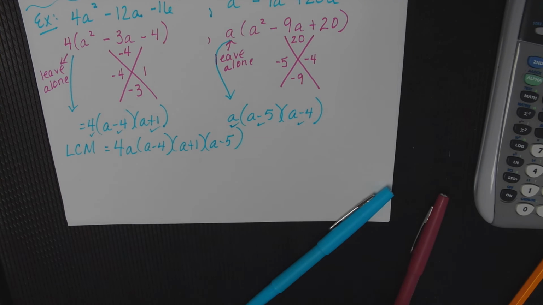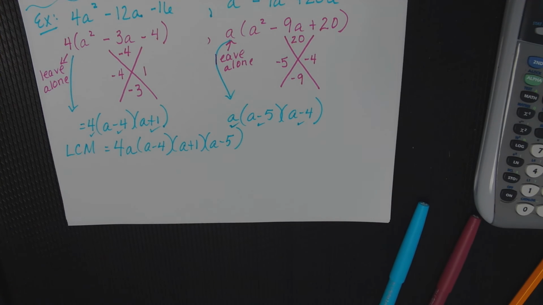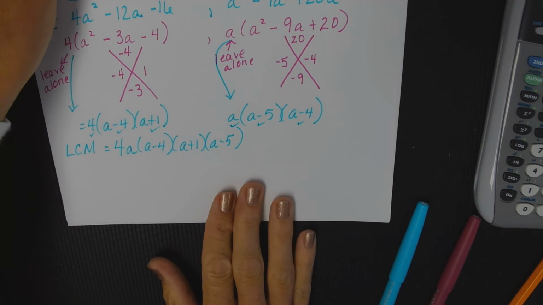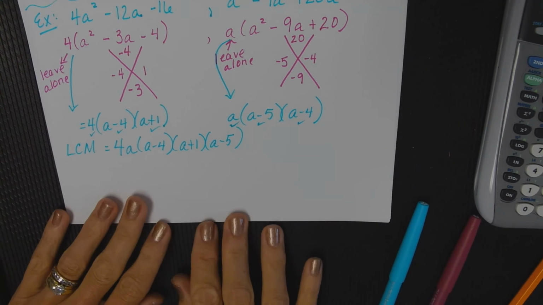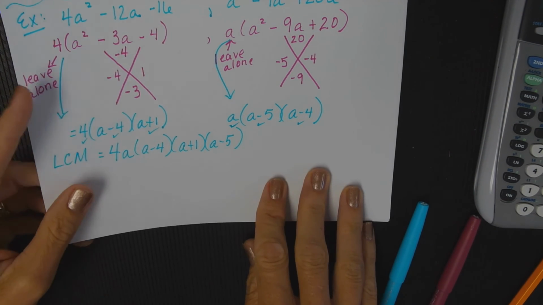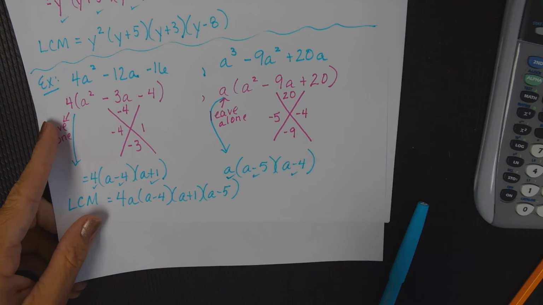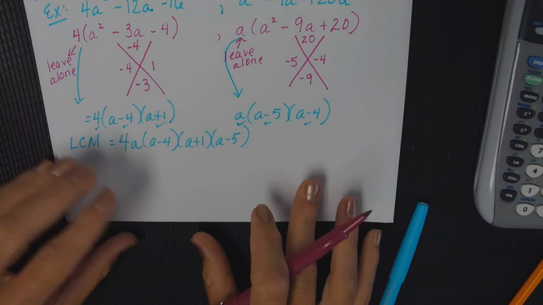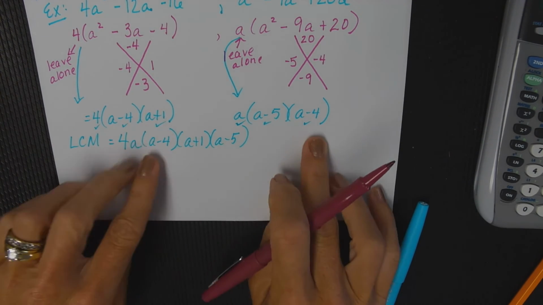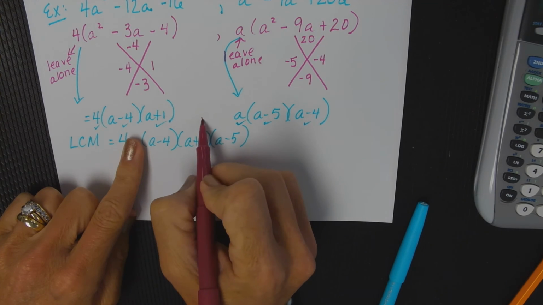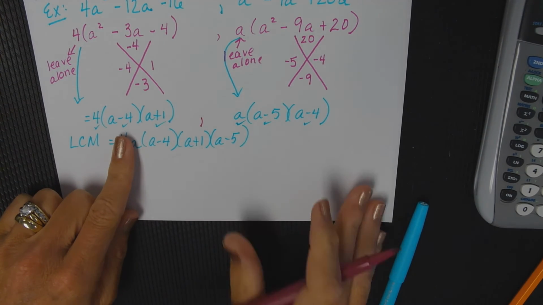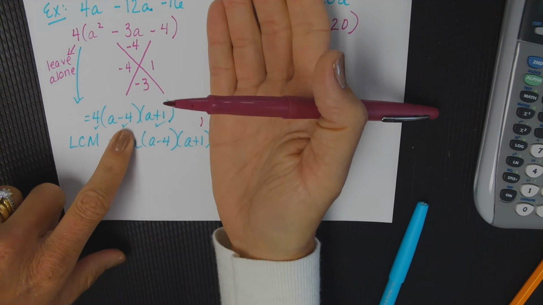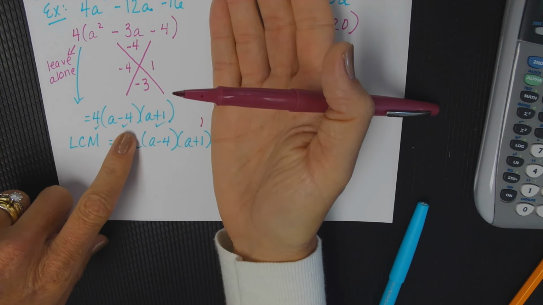Whenever you have the same terms, like a minus 4 on one side, and then a minus 4 on the other, how come you only write it once and not twice? So here, everybody look, it's not a bad question.